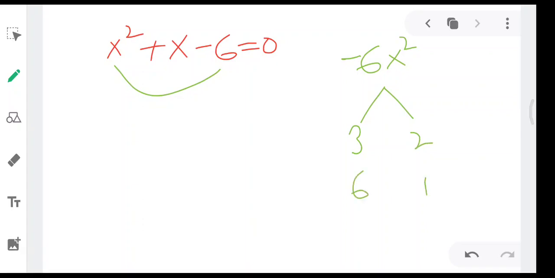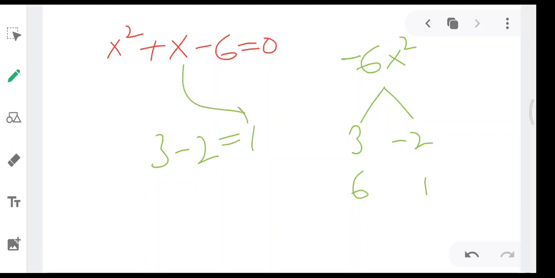Now I have to decide how we should split this x. 3 2 times is 6, but I want minus 6 here, so I'll put a minus sign. 3 minus 2 will give you 1. That is your middle term.